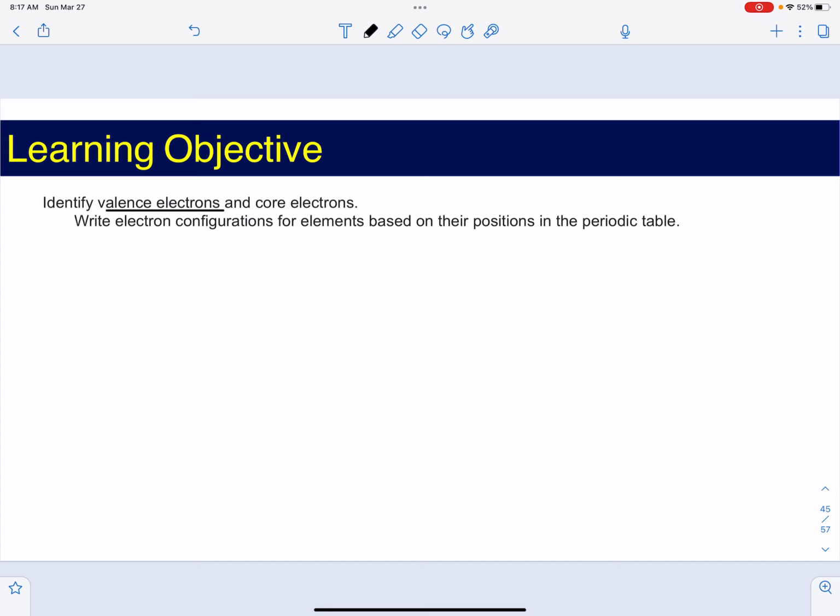If you have 5p6, 4d5 or something like that, the higher number is the 5, so the 5 is the valence electrons. And the core electrons will be anything that comes before that. And using the periodic table, you also learn how to write the electron configuration.